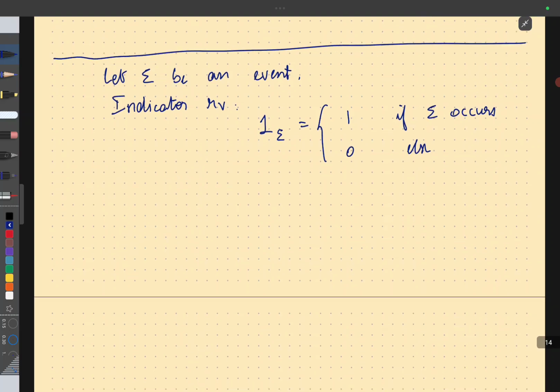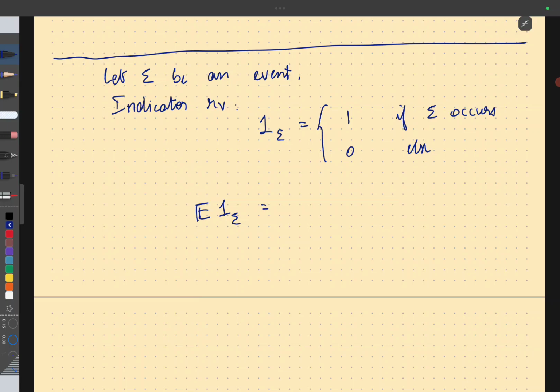The usefulness of this indicator random variable is that the expectation of the indicator random variable, what is that equal to? It's equal to the probability that the event occurs.